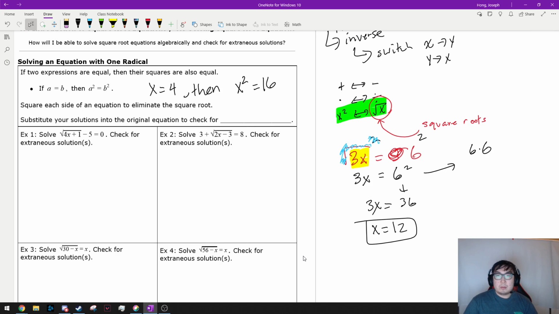This is true. So you can substitute your solutions into the original equation to check for extraneous solutions. This is pretty much checking your work, and it's not anything complex. We're just going to plug in what we get for x into our equation.